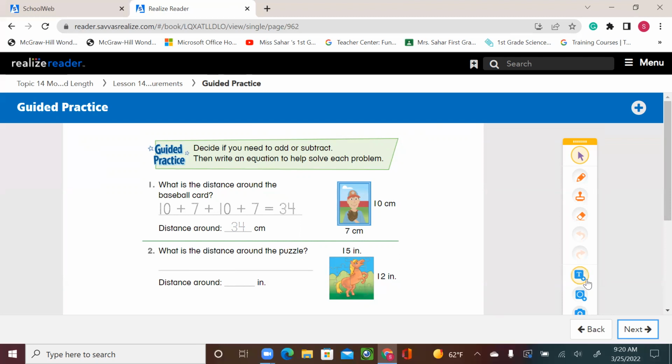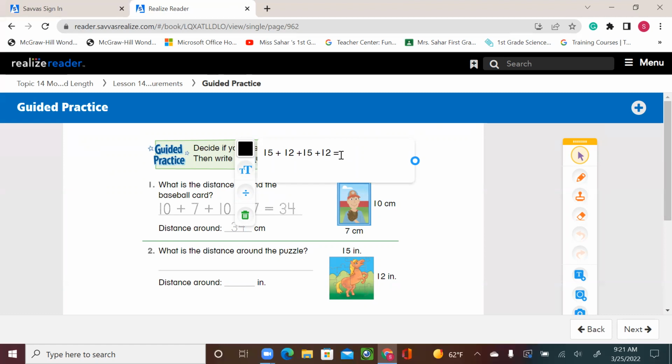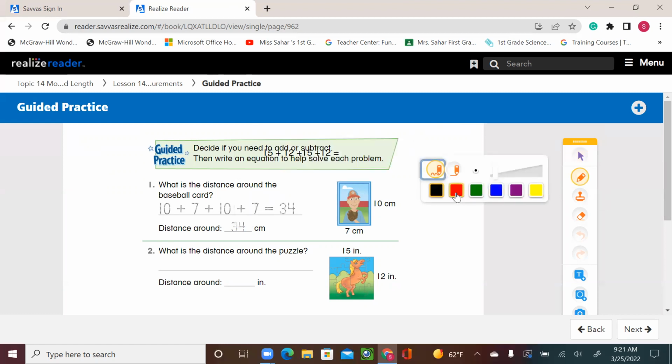All right, so let's put this down. So 15 plus 12 plus 15 plus 12 equals. As we see here, I have 2 doubles, so I know 15 plus 15 equals 30.